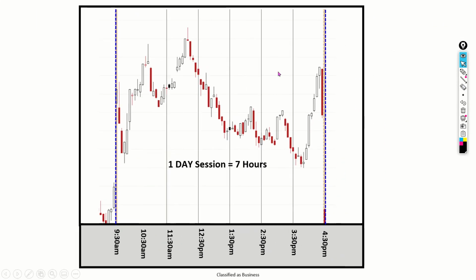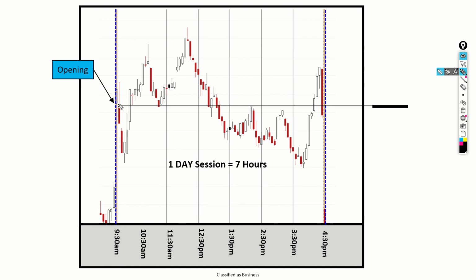Now here's an example of a real candle in the day session, showing what happens within a doji. Let's say we start off with the opening price right here. Even at the start we can see spikes up and down. We can see that the bears and the bulls fight very aggressively against one another.